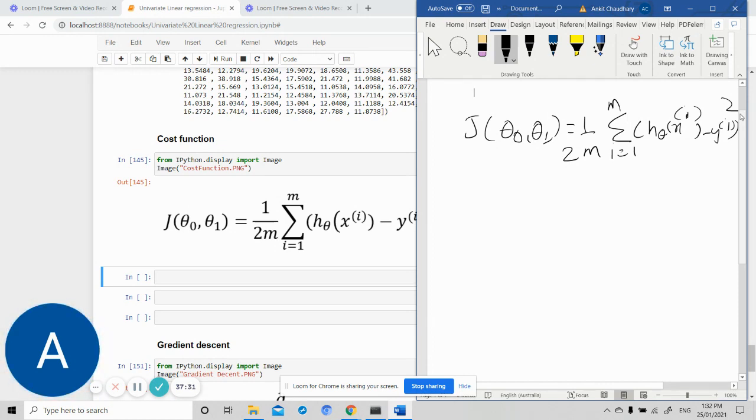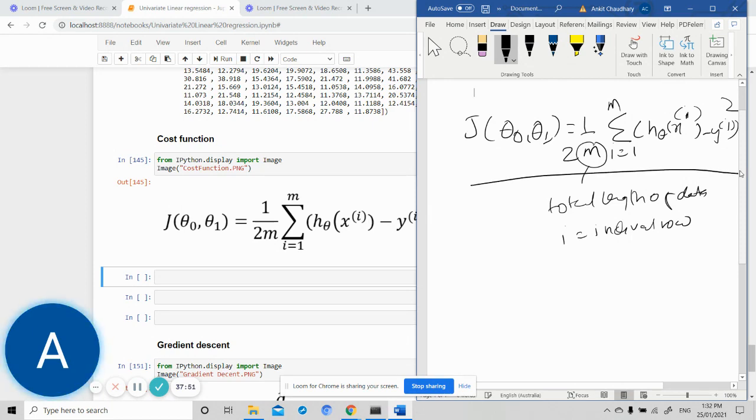The i is our row and m is our total length of data; i is the individual row. This is the matrix multiplication we do. So this is my cost function, the error we get in a model, also called the cost function equation or mean squared error.